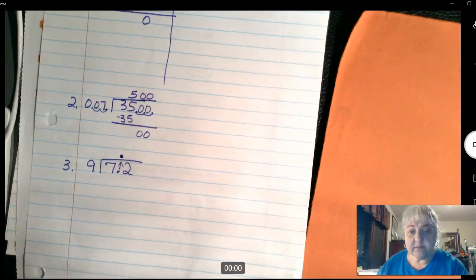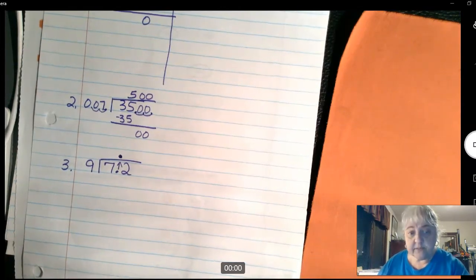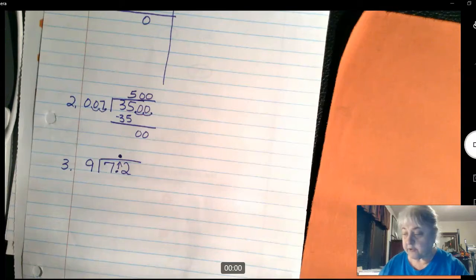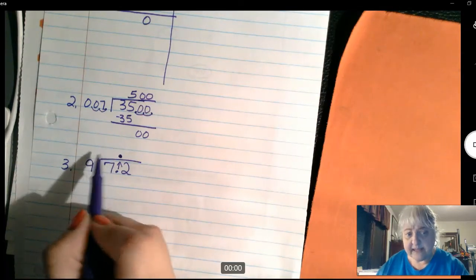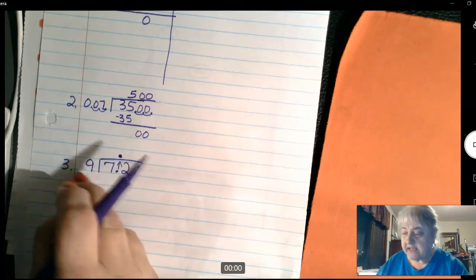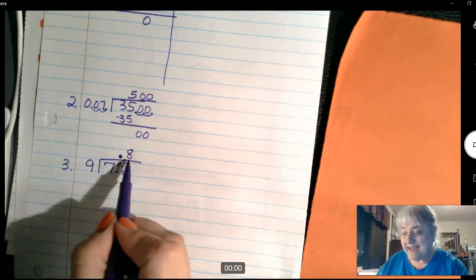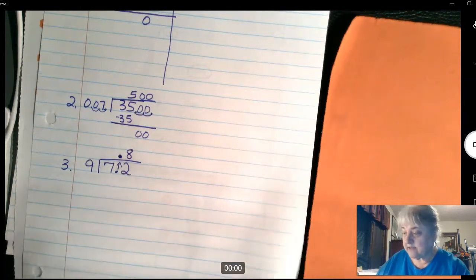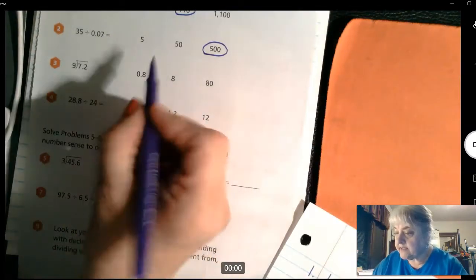And now we're going to multiply like it isn't even there. If you know your basic multiplication facts, you know that 9 times 8 is 72. Now, I'm not going to put my 8 here because that would be like saying 9 goes into 7. It goes into the whole 72, so it would go here, and my answer would be 8 tenths. Is that a choice here on my paper? Yes, it is.